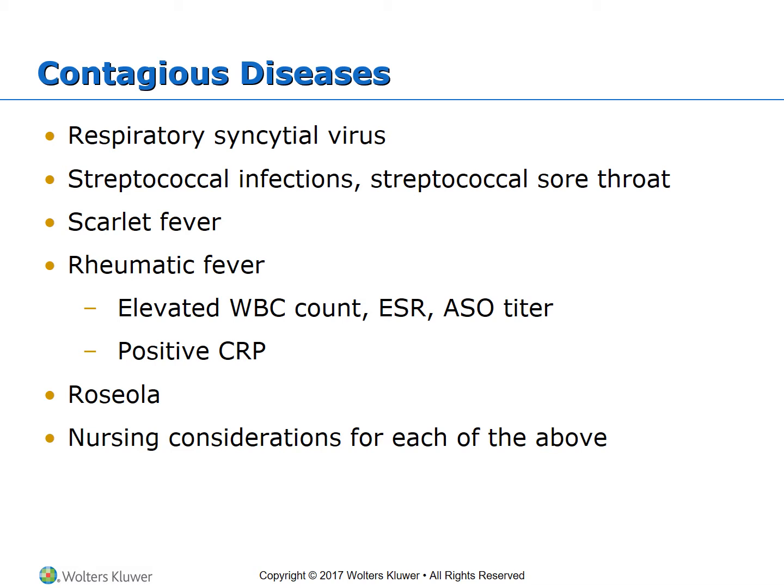I want you guys to remember, this is on page 1196. Diagnostic tests with the following results may indicate rheumatic fever, and not all findings need to be present. They can have an elevated WBC, an elevated ESR, a positive CRP, and an elevated ASO.